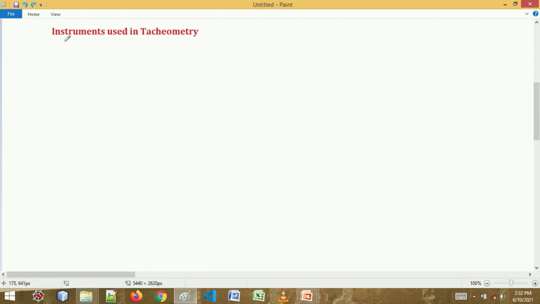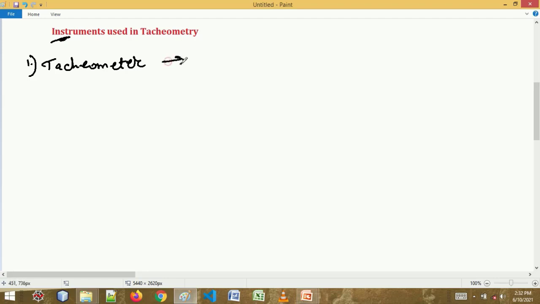Now we will have a look at the various instruments which are used in tachyometry. The very first instrument which we use is a tachyometer. This tachyometer is nothing but a transit theodolite which is fitted with a stadia diaphragm and an analytic lens.